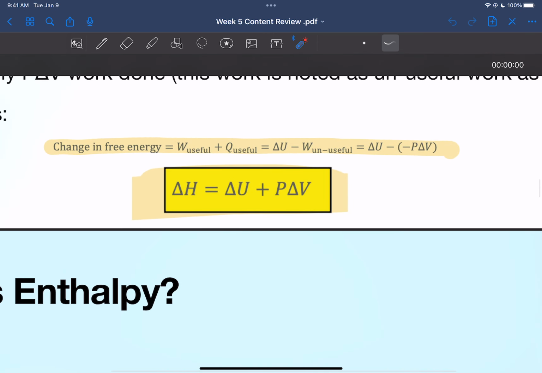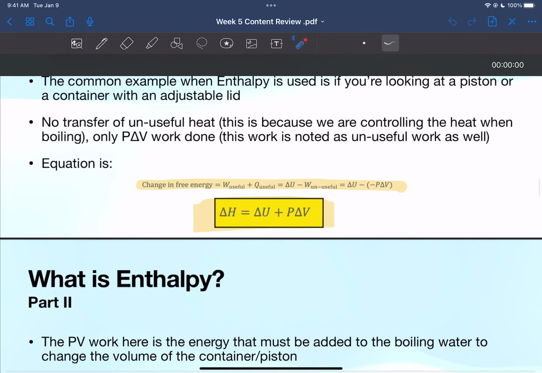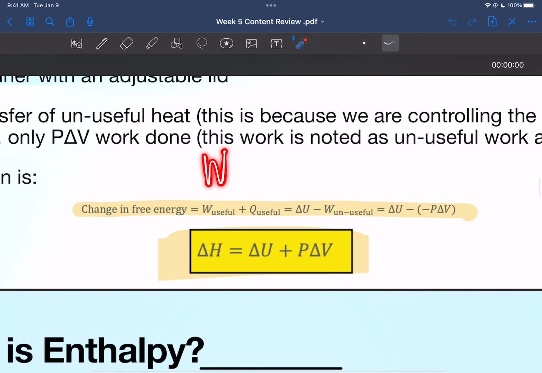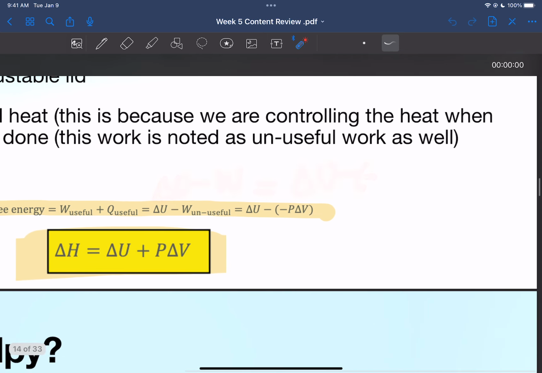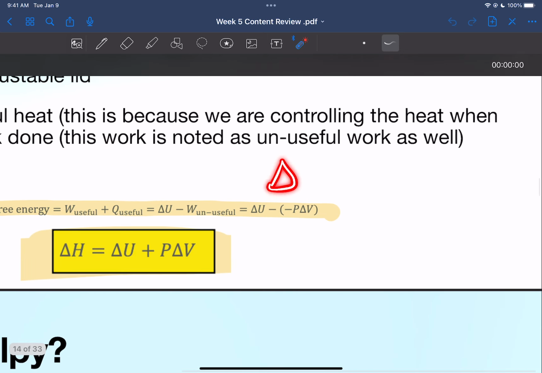And so you end up with delta H is equal to delta U plus P delta V. So this change in free energy, delta H, is equal to delta U minus that unuseful work, and the unuseful work is that P delta V. Now, if you remember from an earlier chapter, that PV work was defined as W equals negative P delta V. So when we say delta U minus that unuseful work, we're saying delta U minus negative P delta V, and that gives you that positive right there. That's why it's positive.